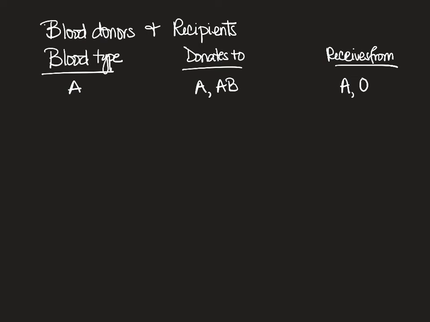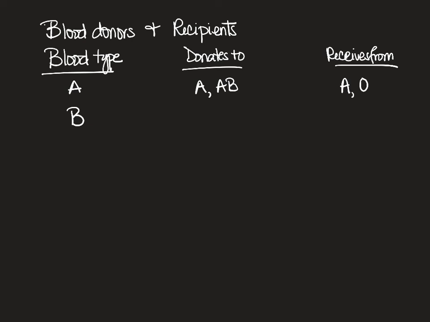If you have type O blood, you don't have either of those. So again, if you were to donate blood to someone with type A, it's not going to cause any issues because your blood coming in is not going to clump with their antibodies because you don't have any antigens for them to clump with.